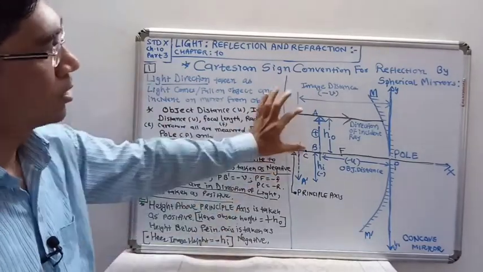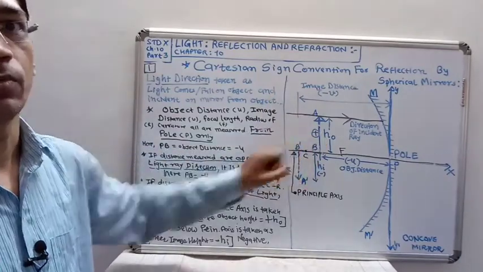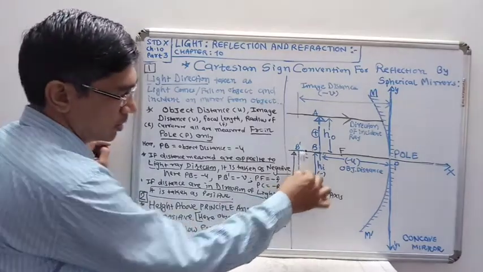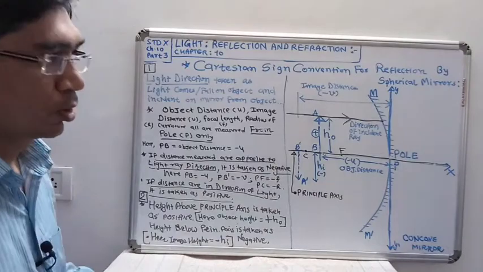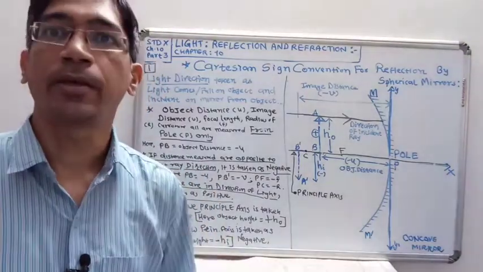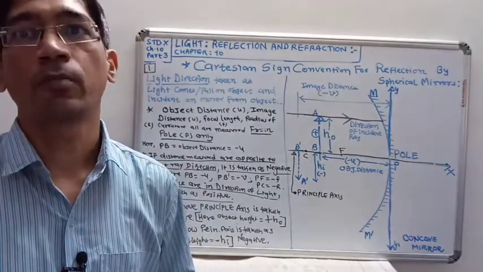So the height of the object, HO, is positive, and the image height is negative. These are the sign convention rules we apply in solving examples and deriving formulas.